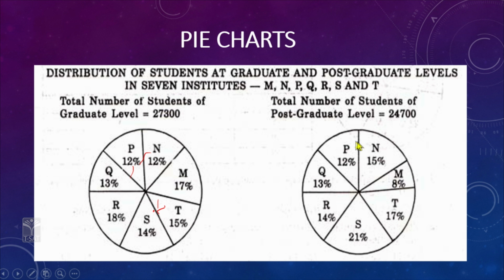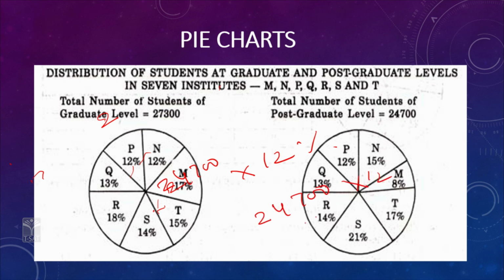We will take how many admissions 12% is. If you consider how many students are admitted at the level, for example in P, you simply calculate: this is 24,700 into 12%, that is 24,700 into 12 by 100.